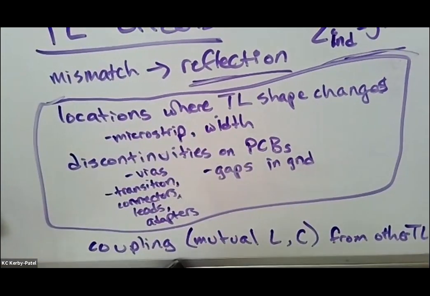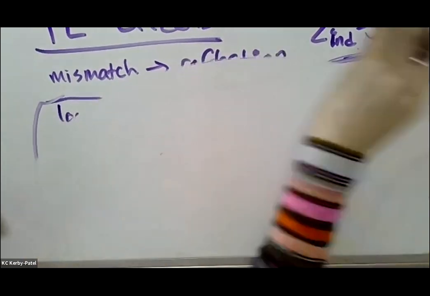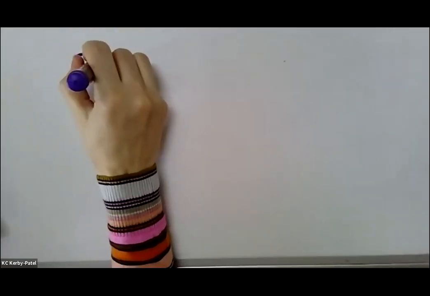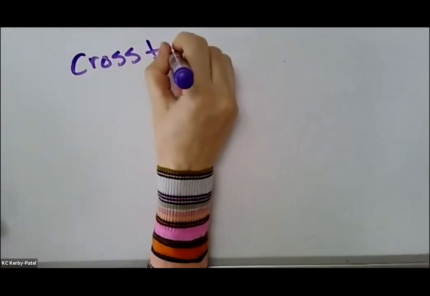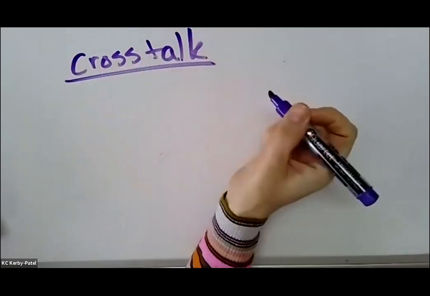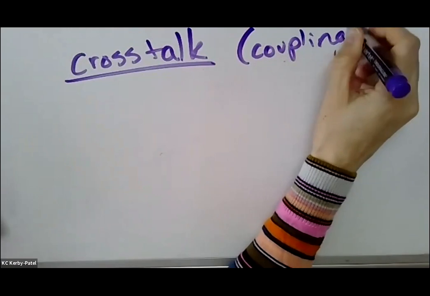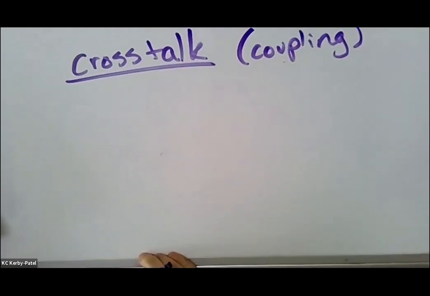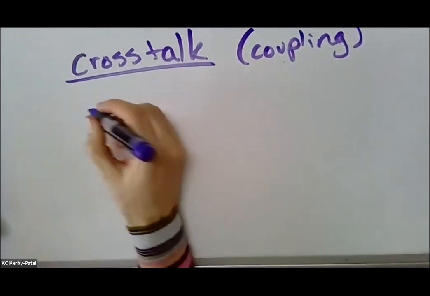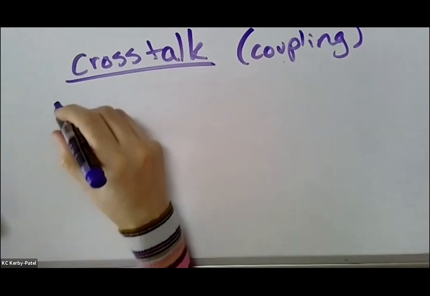I want to talk a little bit about this coupling thing, because this is where you might have heard the term crosstalk before. This is that. So let's talk about it. Which is actually coupling. You can have two transmission lines, let's say.